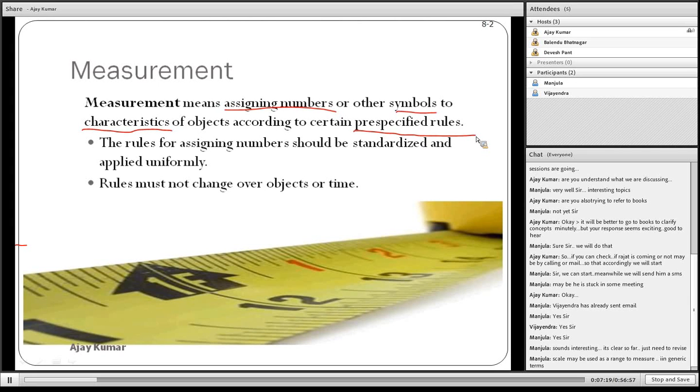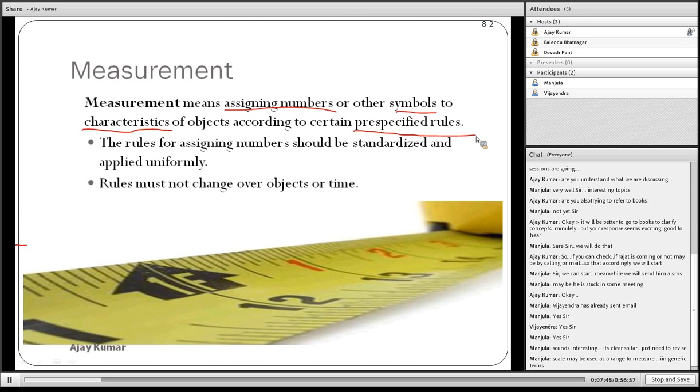If I am trying to measure anything, I have to have pre-specified rules for it. Just to give you an example, no one on earth is going to stop me if I measure the intelligence level of any individual on a scale of 1 to 10, 1 being best and 10 being worst. I can also do the same with 61 to 70, where 61 is bad and 70 is worse.